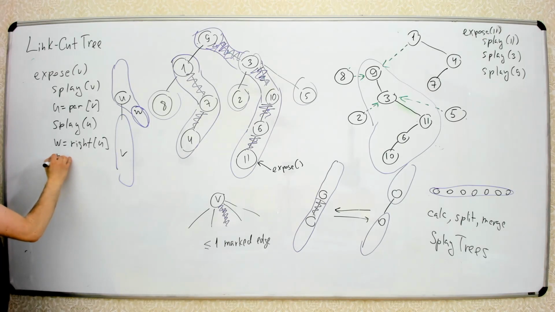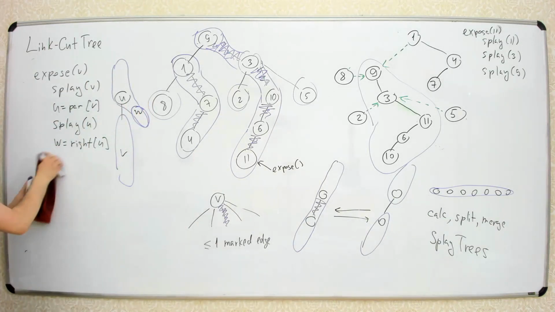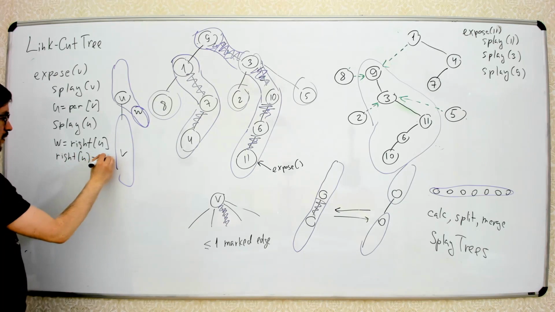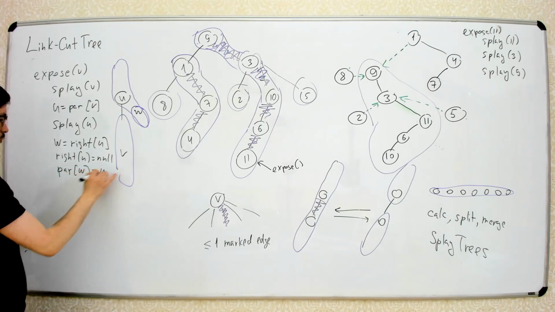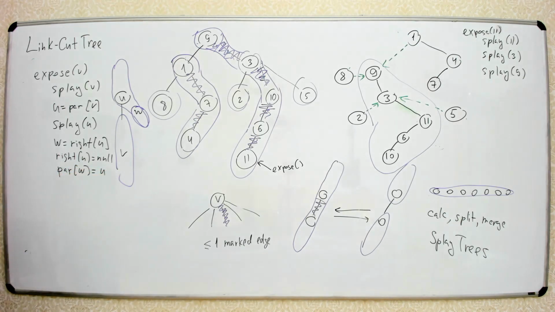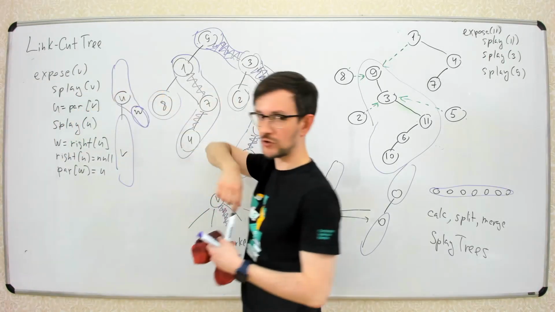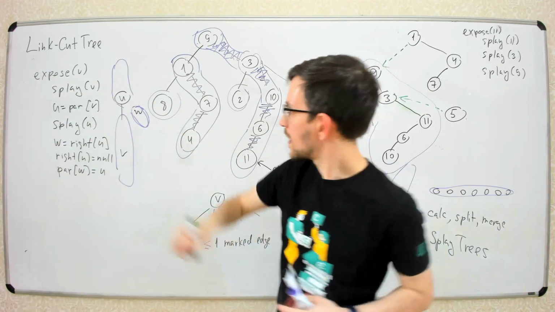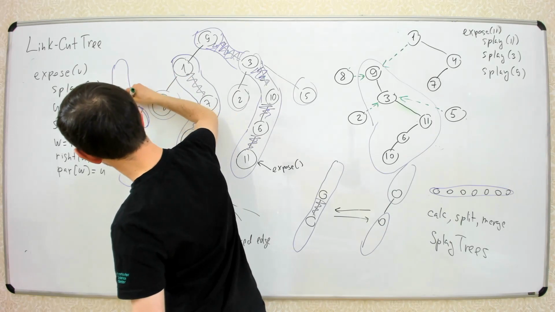Let's say parent. And parent of W will be U. So again, you take this W, you split your splay tree after node U, like this, and connect this W to U using this link. And here also you have this link, and here you have this link.